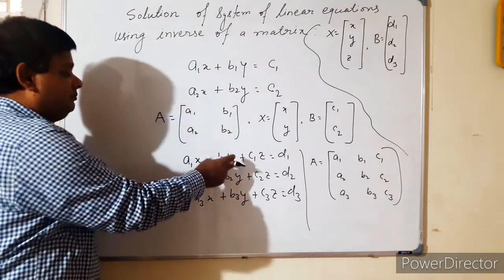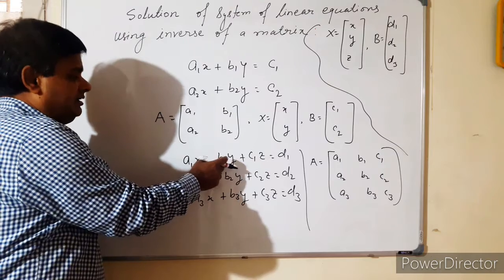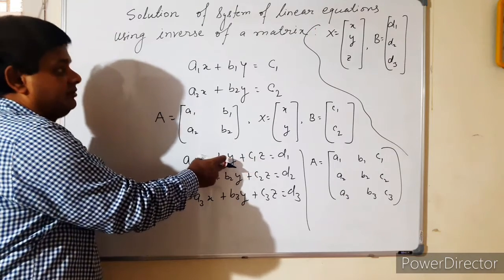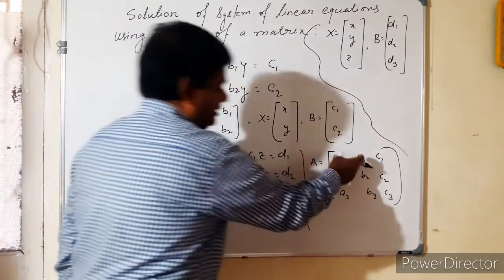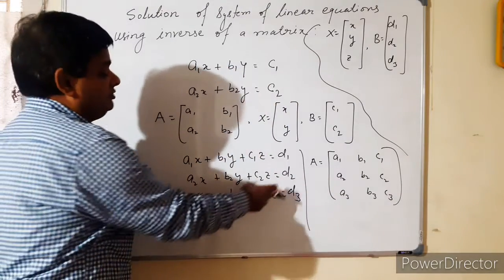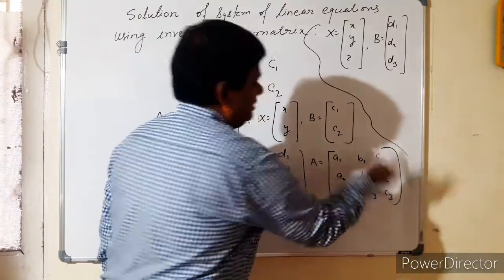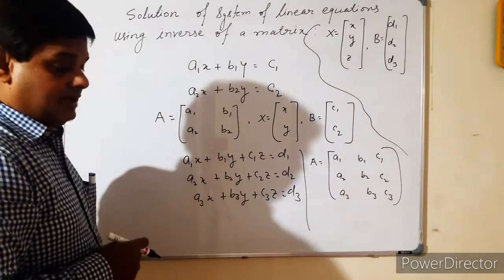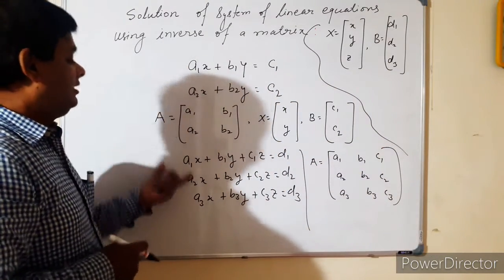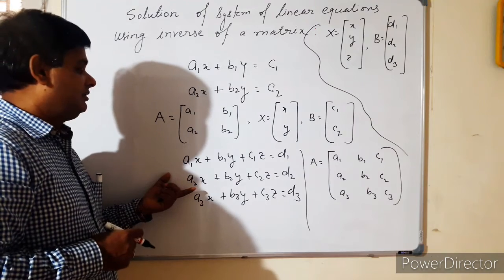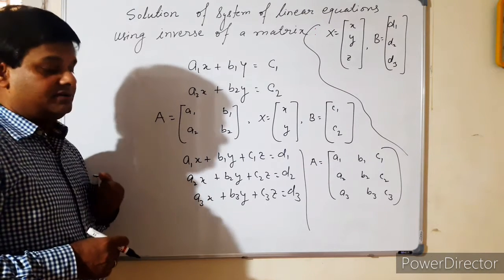If suppose y is not there, it means the coefficient of y will become 0. Suppose z is not there, it means the coefficient of z will become 0. Like this, you have to convert the system of linear equations into matrix form.